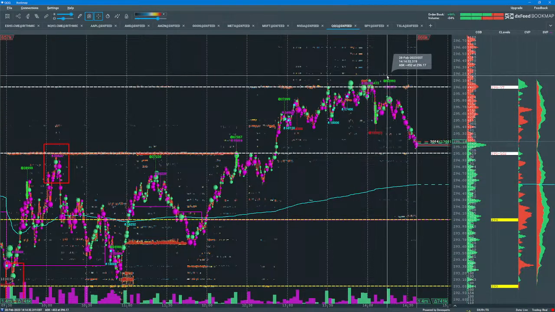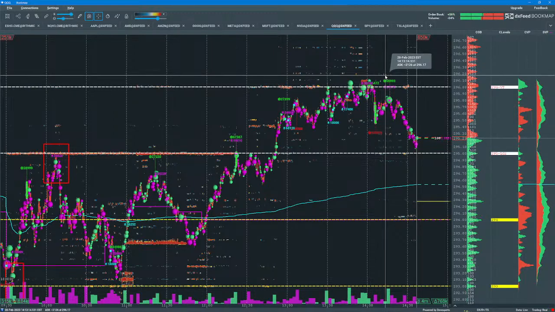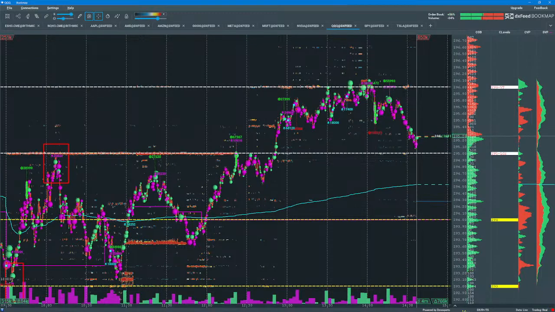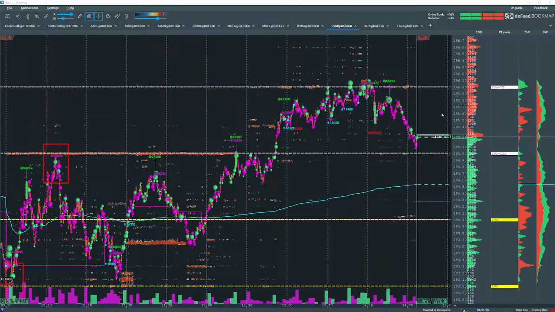The way I approach that, there's a clear divergence in hedging flow and price action. Once I see that, then I go to Bookmap and I just watch order flow for a reversal, and this gives a very good level to watch for that reversal.